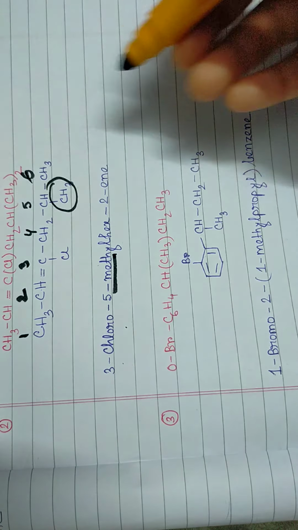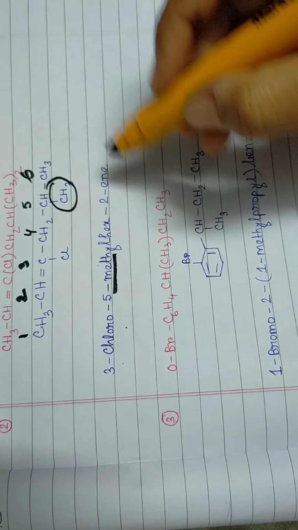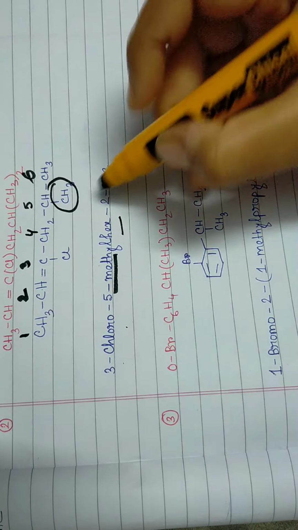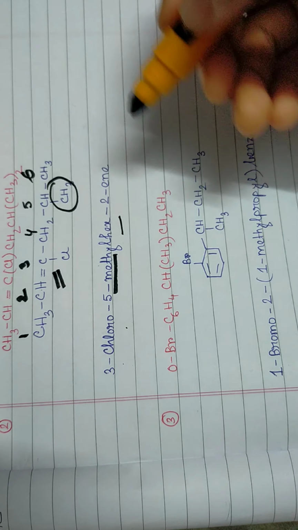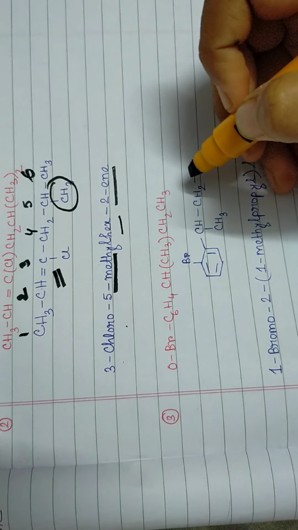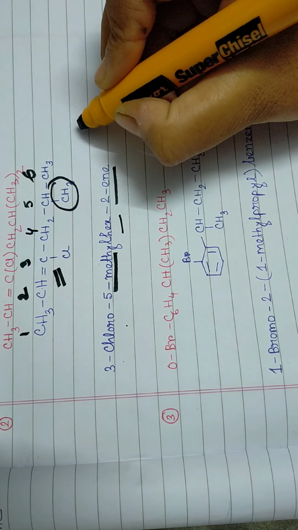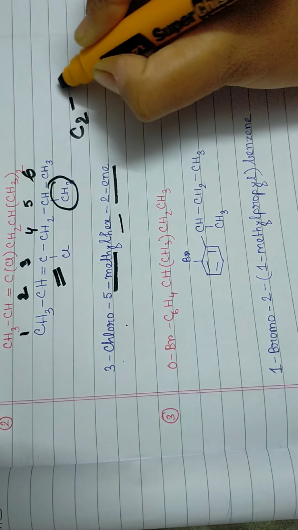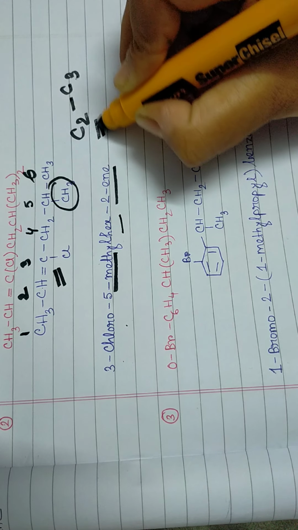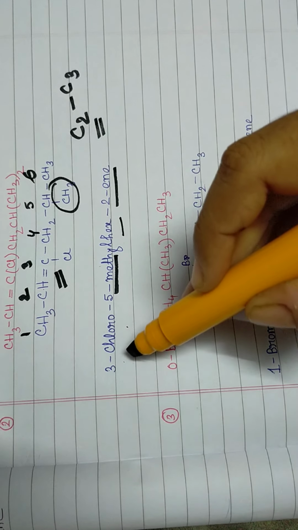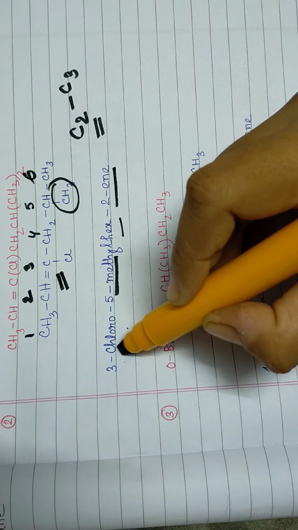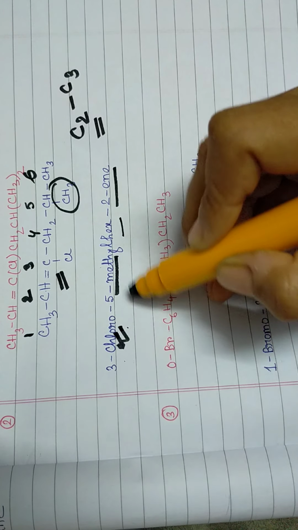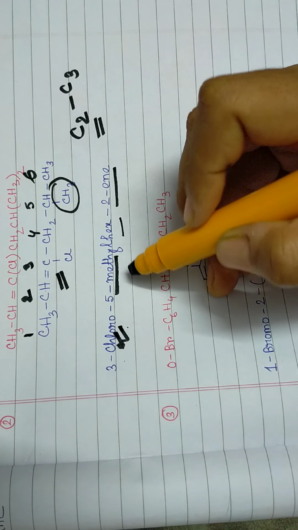Since there are 6 carbon atoms in the long chain, it will be hex, and there is a double bond between the 2 and 3 carbon. So for the double bond numbering we have to take the lower carbon number, that means C2. The name will be 3-chloro-5-methylhex-2-ene, and obviously chloro comes before methyl because of alphabetical order.